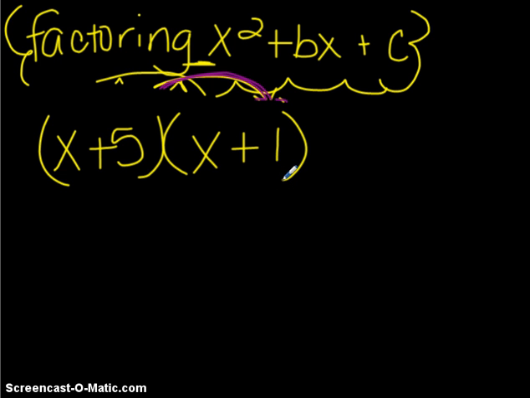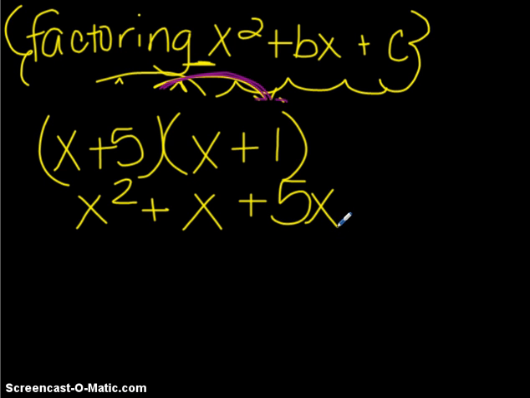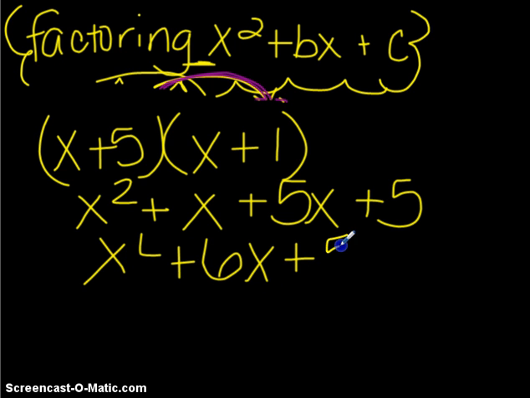So let's go through and FOIL that, and I know x times x is going to be x squared. X times 1 is going to be 1x. X times 5 is going to be 5x. And 5 times 1 is going to be 5. And when I add my like terms, I get x squared plus 6x plus 5.